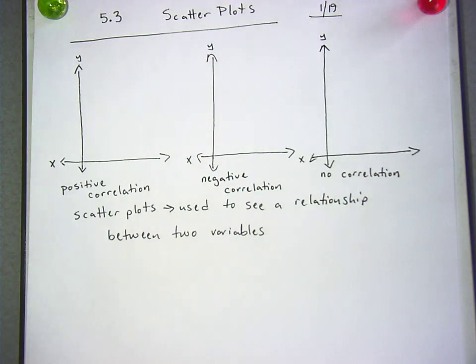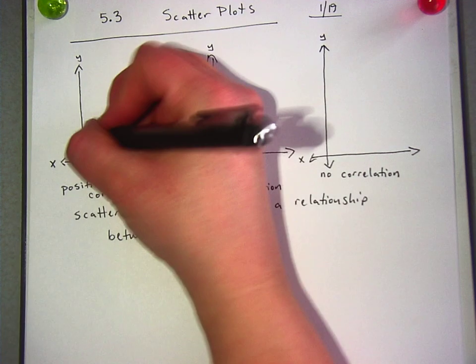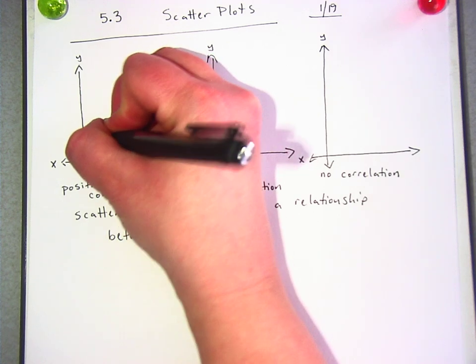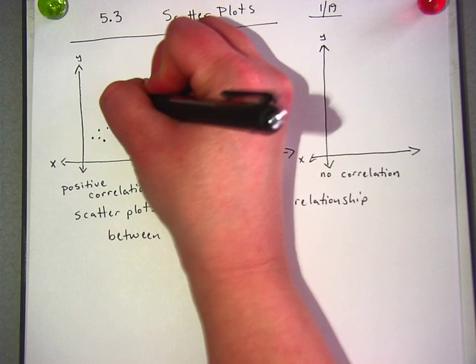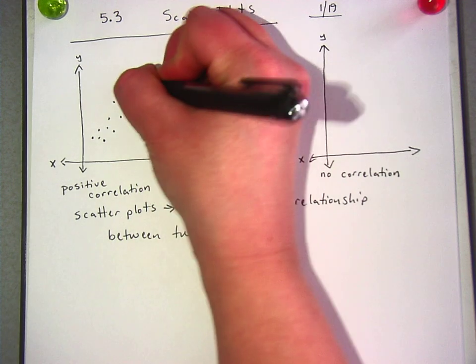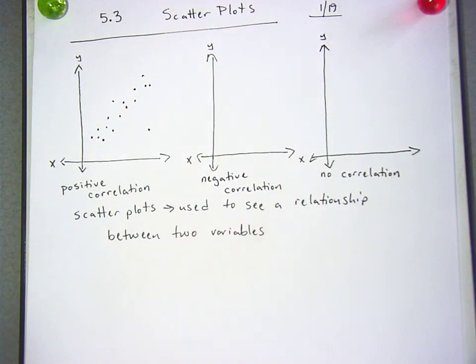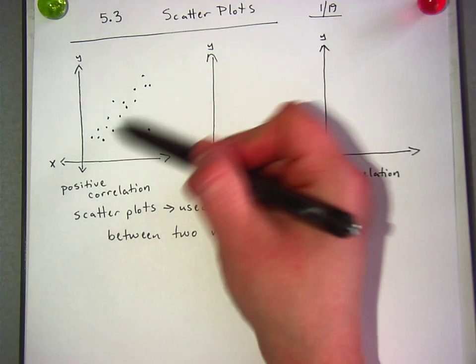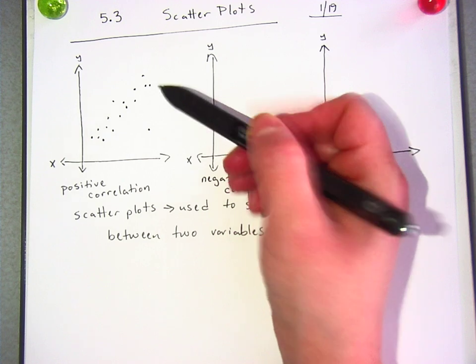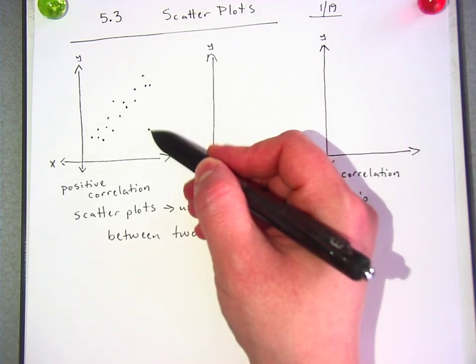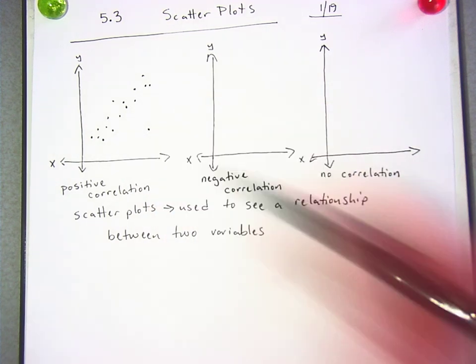A positive correlation looks like this. The dots are kind of going upward, left to right, like a positive slope. And it's okay if you have a couple dots that don't follow the trend, that look weird.